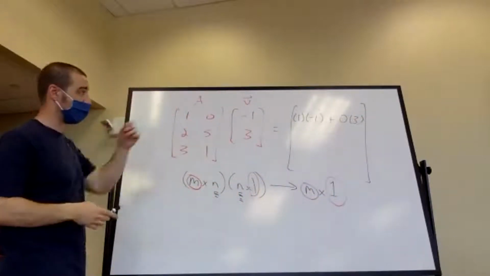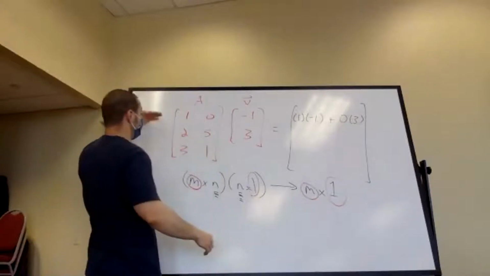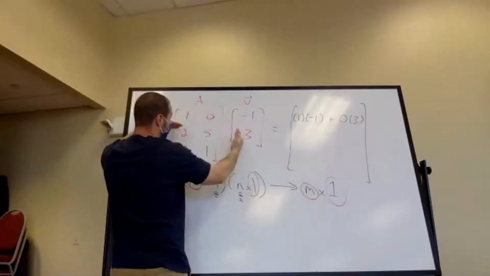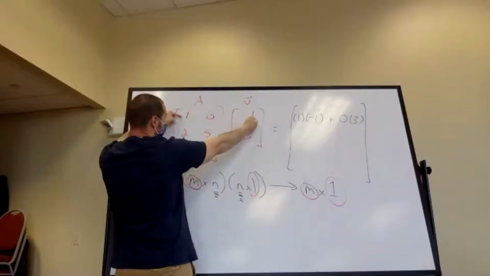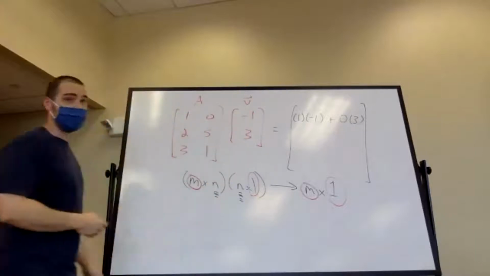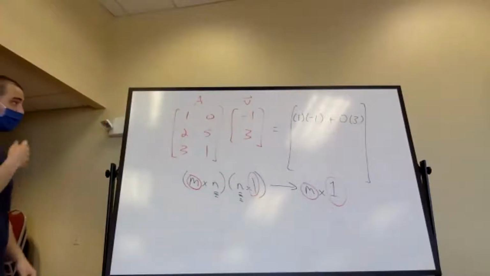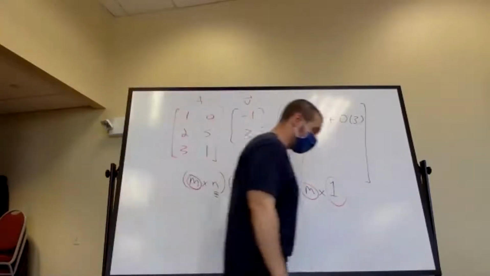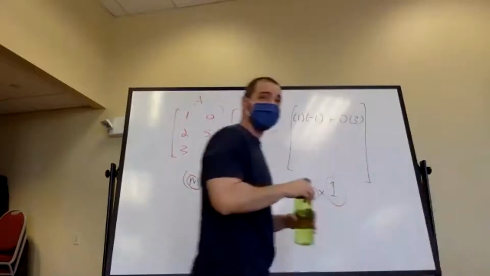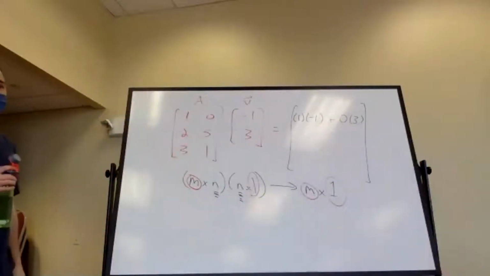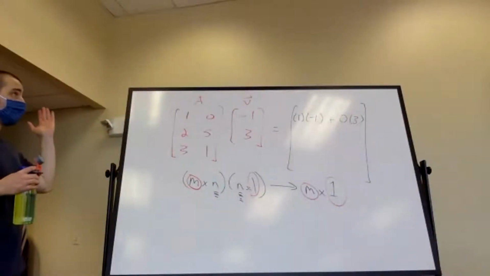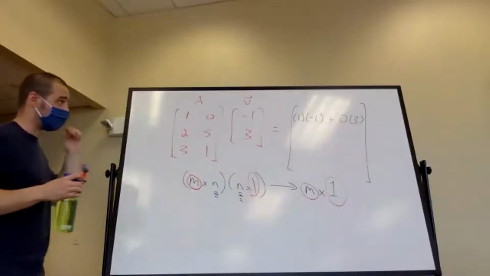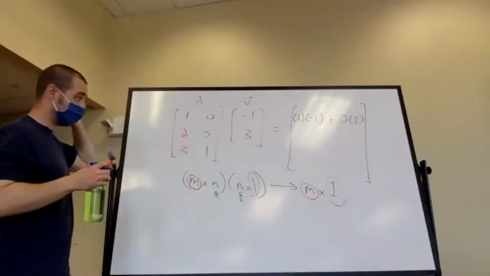So the top entry is the first row times this column, where by times I mean you're multiplying entry by entry and then adding as you go. It's actually a dot product, if you like that language. You're doing the dot product of this row with that column. You physicists like dot products, right? So matrix multiplication is just a bunch of dot products filling in the new matrix you're building.